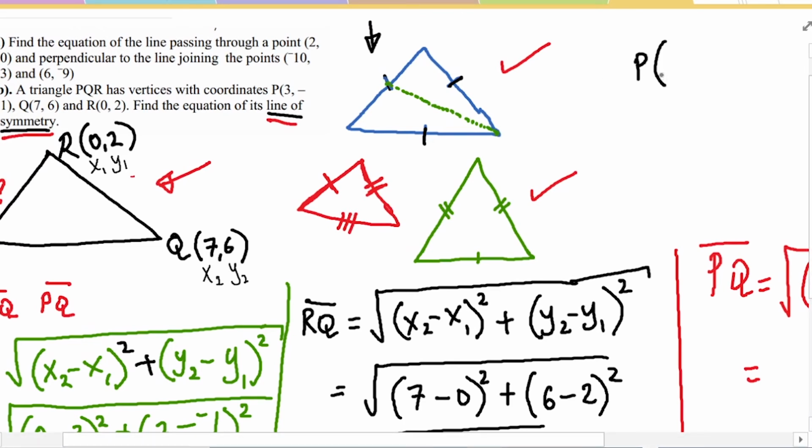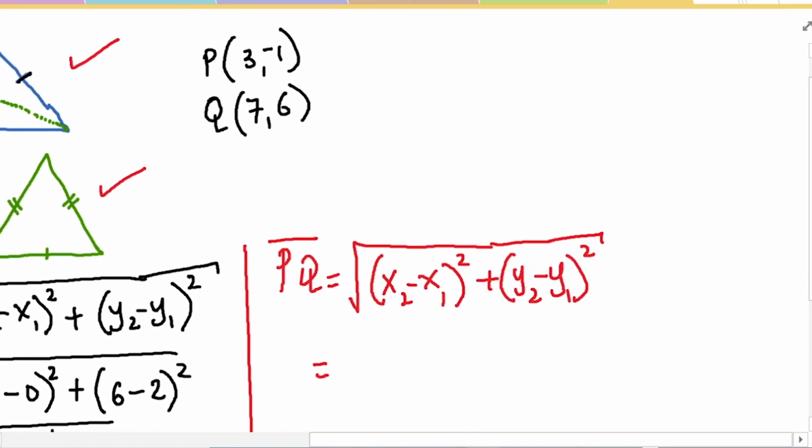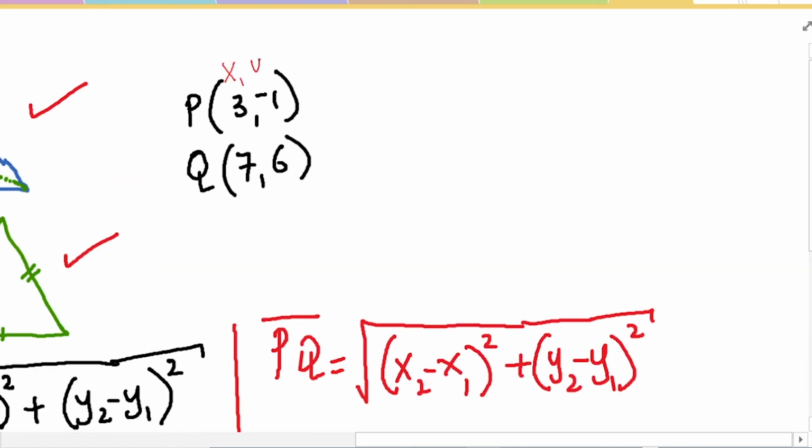P is (3, -1), Q is (7, 6). We only need PQ. So this is x1, y1, then this is x2, y2.